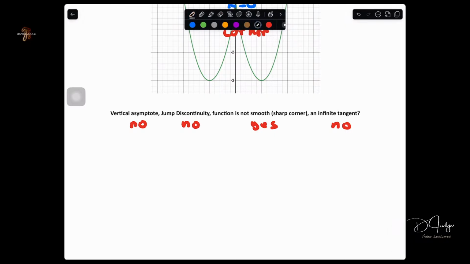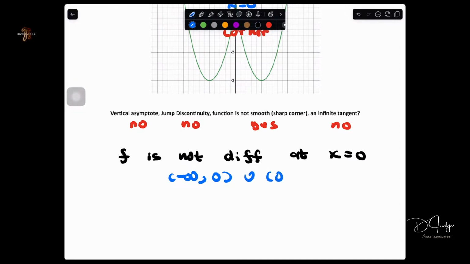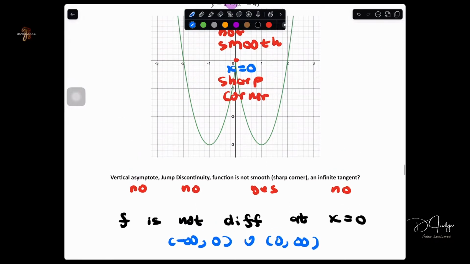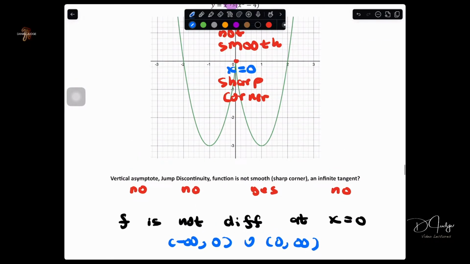Your function f is not differentiable at x is 0. Again, we throw that value out in terms of interval notation. Just throw out the 0 value. And that's what they're looking for.